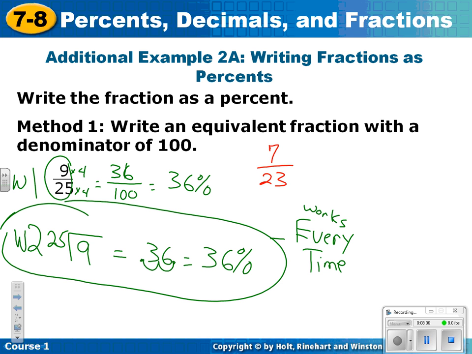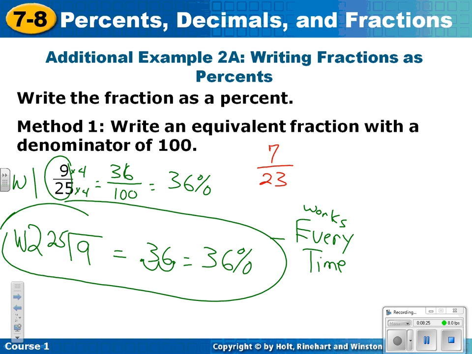You can't multiply 23 by a whole number and get 100. It just doesn't work, because 23 is not a factor of 100.